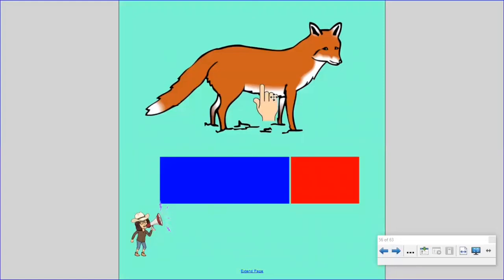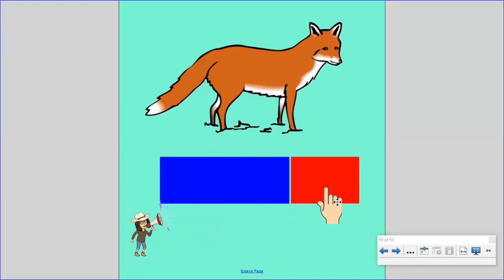Say the word fox. Now this time, we're going to listen to the ending sound of the word fox. Ready? We're going to listen to the last sound of the word fox. Here we go. Fox. Say it with me.